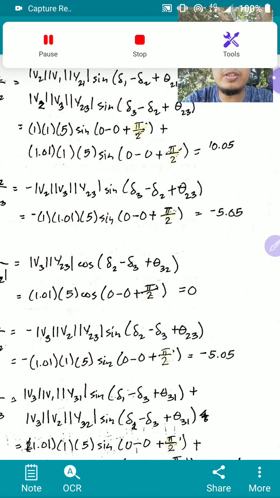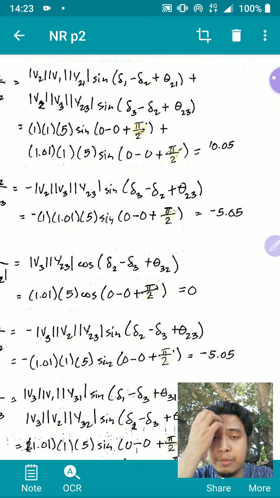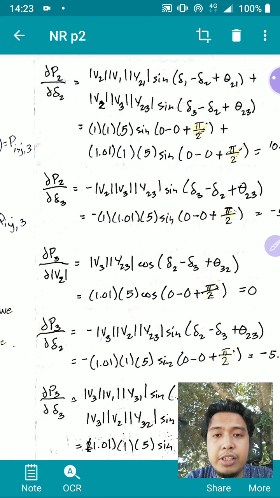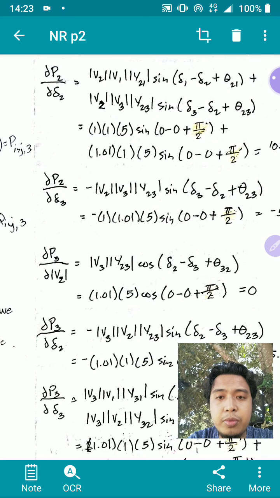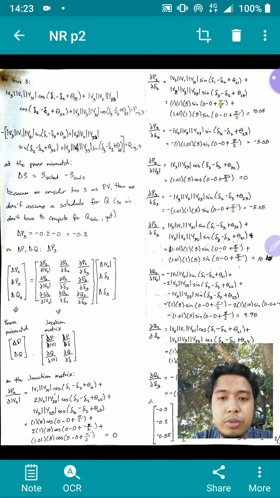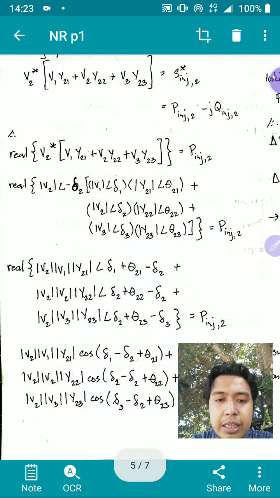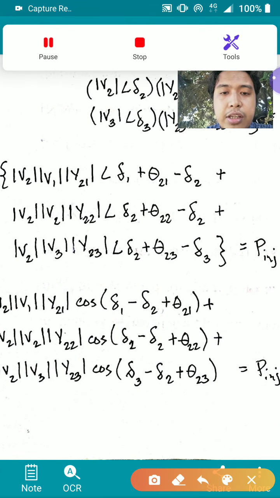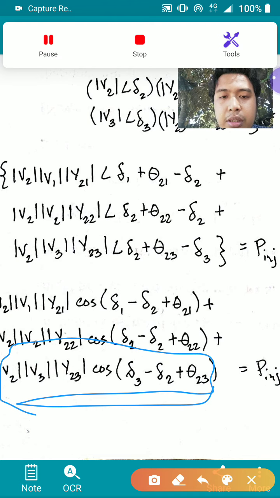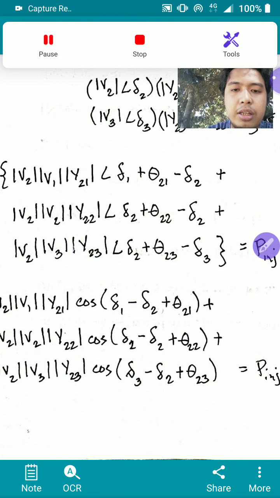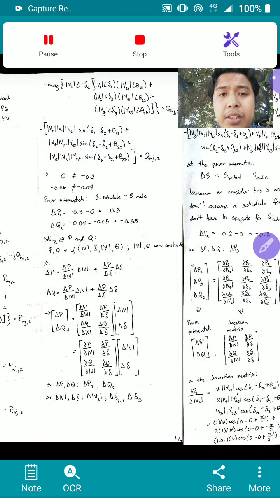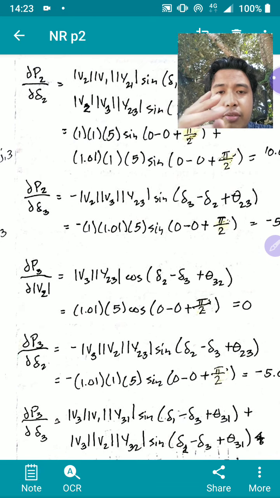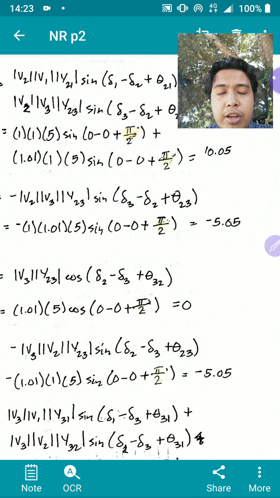It's basically this equation. The partial derivative of that is 10.05, and then the partial derivative of P2 with respect to angle 3 is basically just this last term here. The derivative of cosine is a negative sign, hence the negative. So it's negative 5.05.